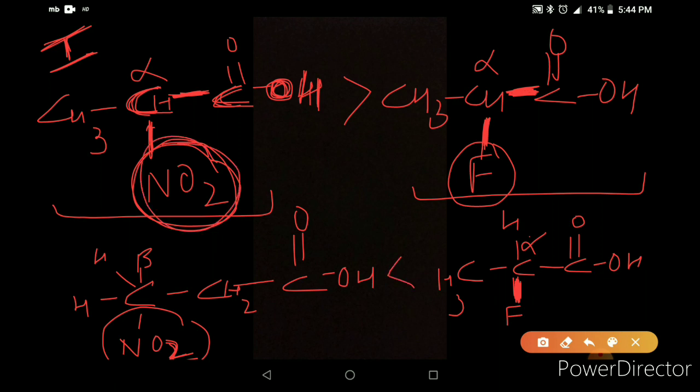So nitro can be more electronegative, but the major factor is position. So if an electronegative group is present at the alpha carbon of carboxylic acid, it will have more minus I. If the positions are same, then only we will compare whether it is more minus I or less minus I.